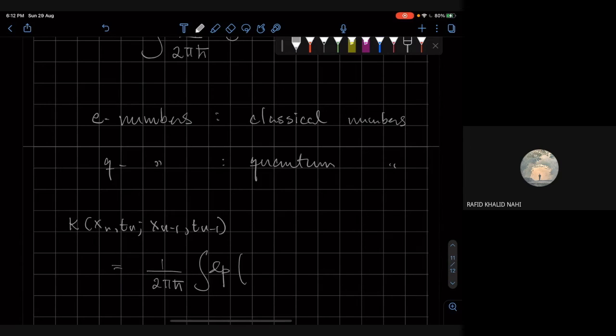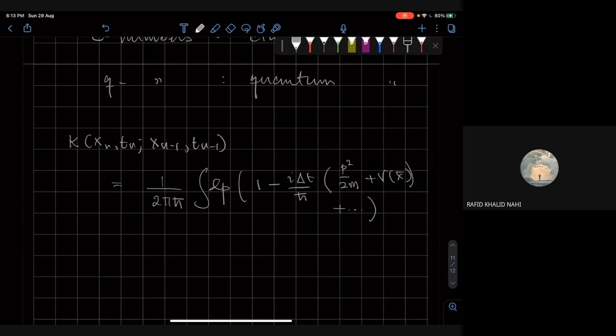And then inside we have 1 minus i delta t over h bar, then the term from the kinetic term and the potential term, plus dot dot dot. And this is e to the i p over h (x_n minus x_{n-1}). Okay? So we have converted one of the small propagators into this very nice expression.